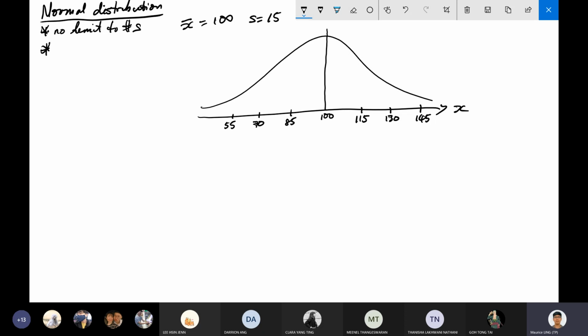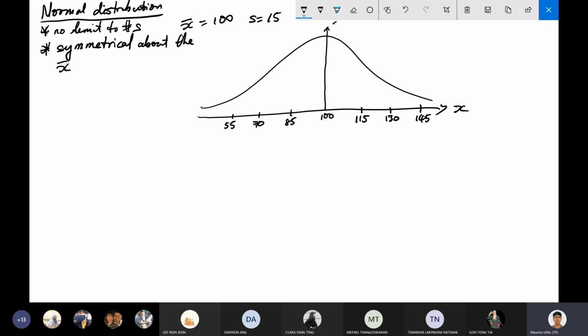Second important property is that normal distribution is symmetrical. The left and right are symmetrical about the mean. The left and right are actually mirror images of each other. And we have done this before.